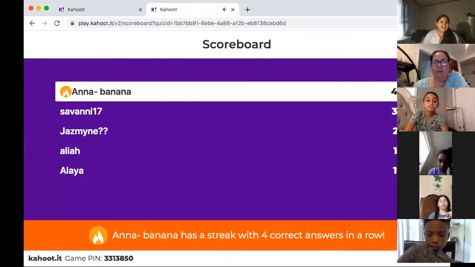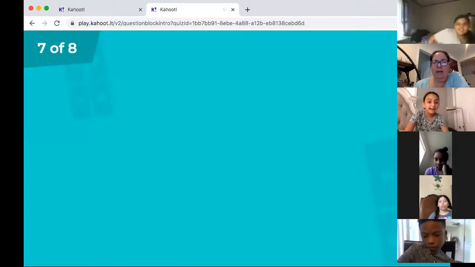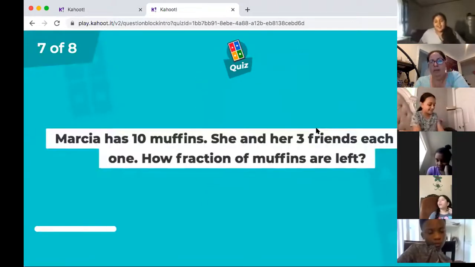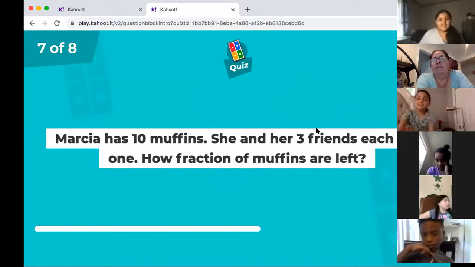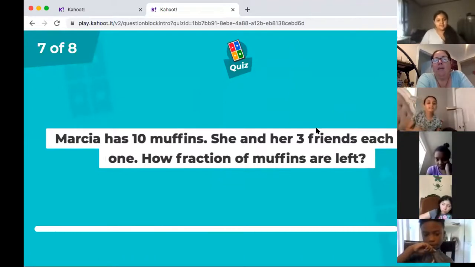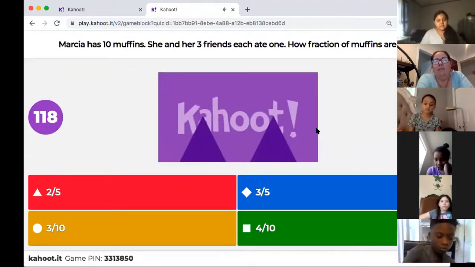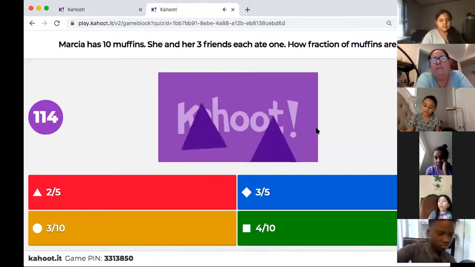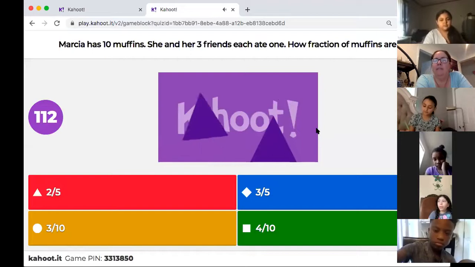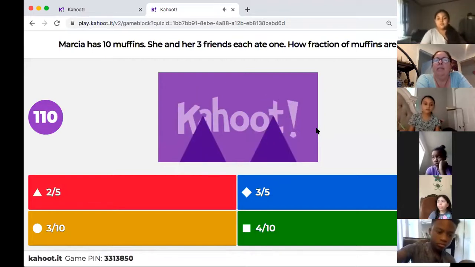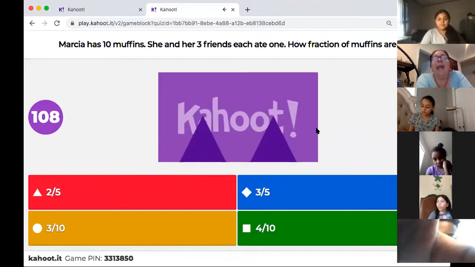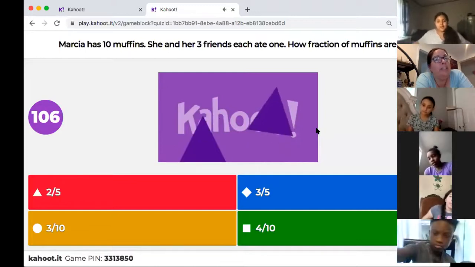Ooh, Jasmine moved up a little bit. Marsha has 10 muffins. She and her 3 friends each ate one. What fraction of the muffins are left? Marsha has 10 muffins. She and her 3 friends each ate one.